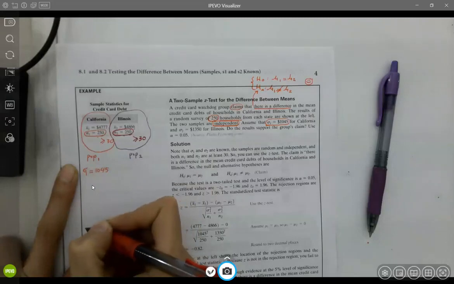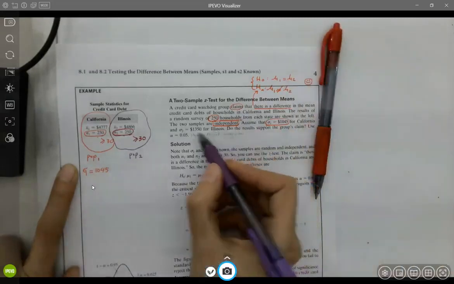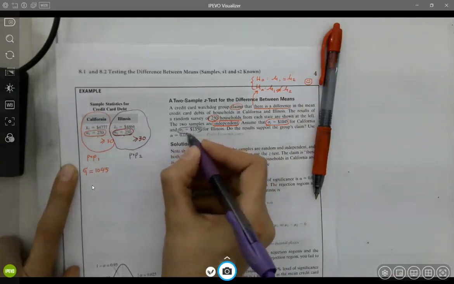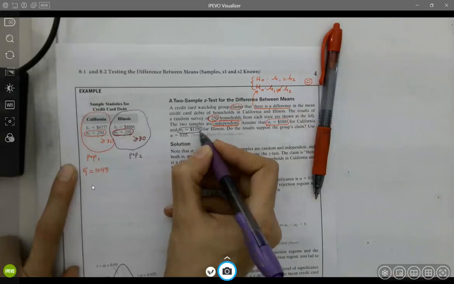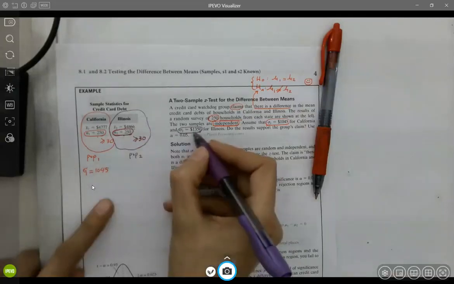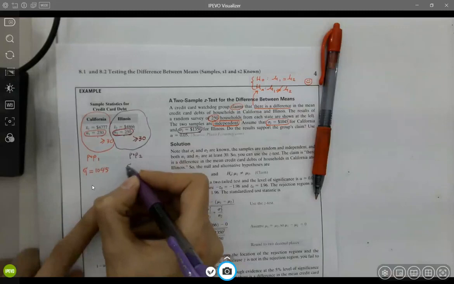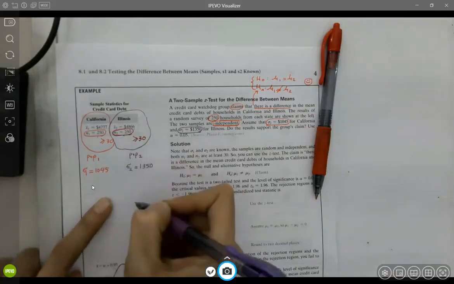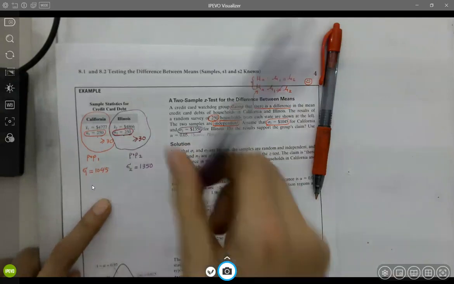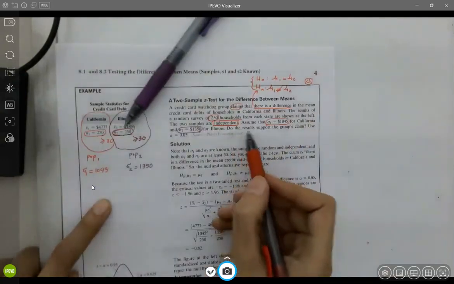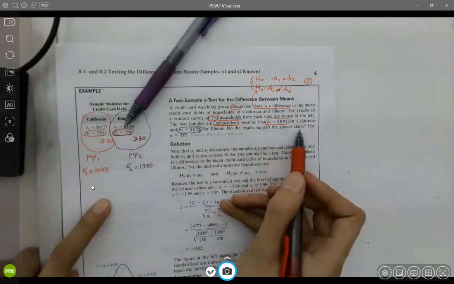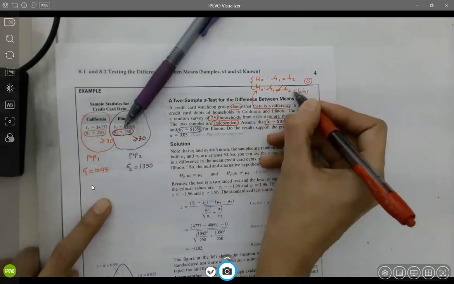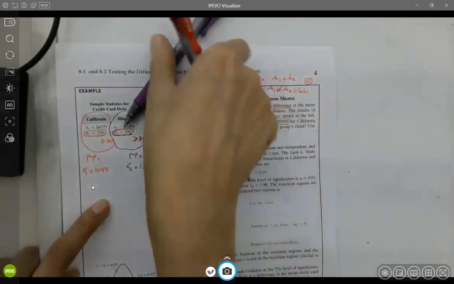And sigma sub 2, the standard deviation for the second population in Illinois, is also given to us: sigma sub 2, $1,350. The question says, do the results support the group's claim? What was the claim? There is a difference. So this is our claim. Do we see any difference?